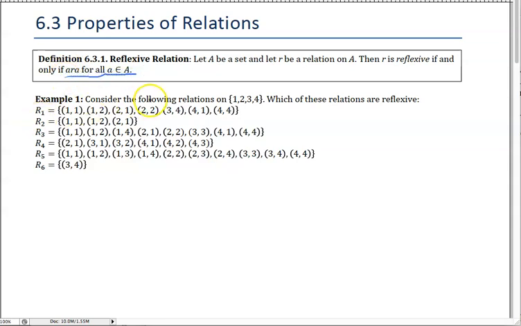Let's see what that means. Let A be a set and R be a relation on the set A. A small a is any element in the set. This notation aRa gives you the coordinate points. So what this says is that for any element in the set A, the pairs of elements (a, a) are in the relation.